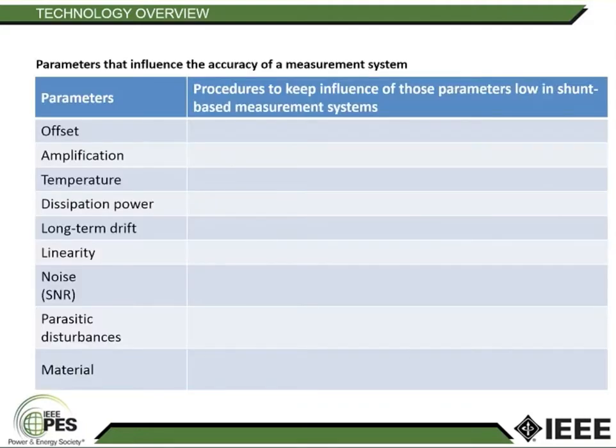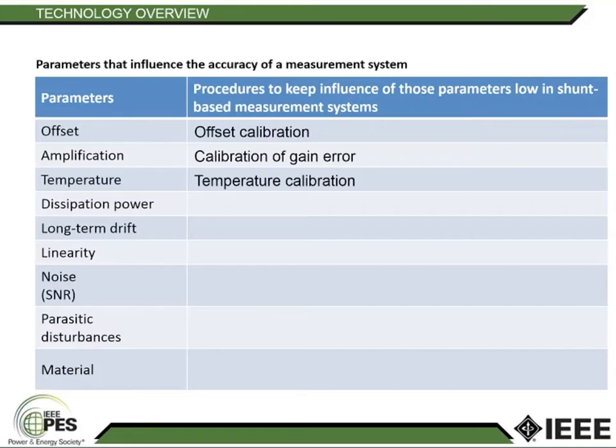Now, it is important that we have procedures to keep the influences of those parameters low. So, for instance, offset and amplification error are dealt with through a calibration line within production.